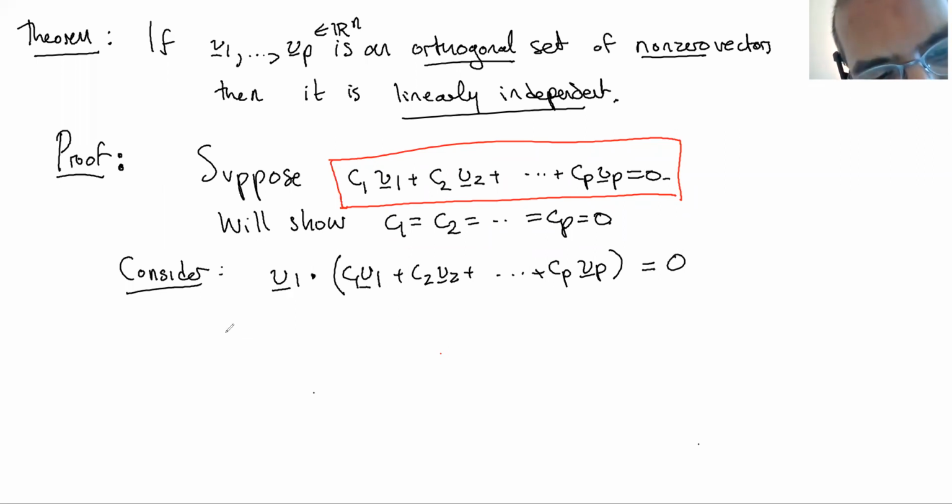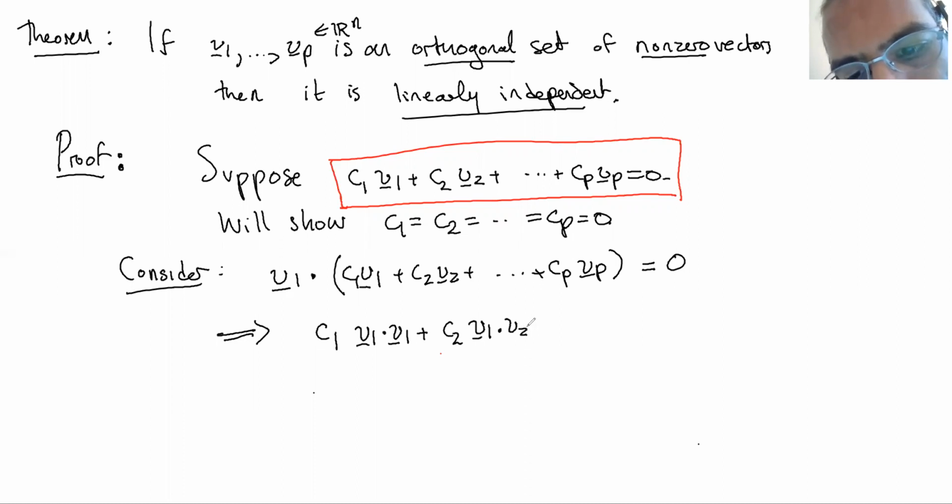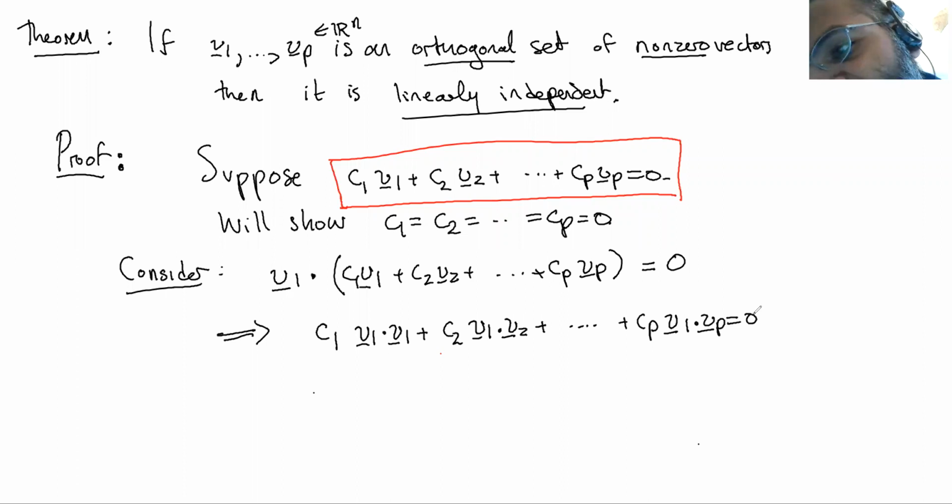By the properties of the dot product, I can distribute the dot product over the individual terms. I get that C1 times U1 dot U1 plus C2 times U1 dot U2 all the way up to CP times U1 dot UP is 0.